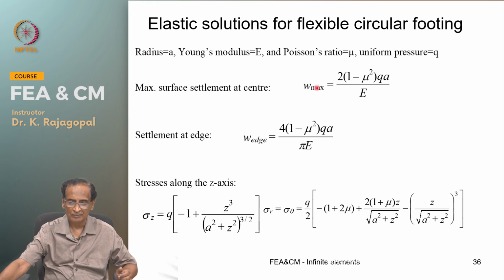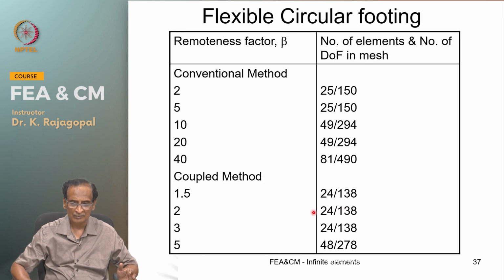This is the maximum settlement at the center of a flexible circular footing, and this is the settlement at the edge of the footing, and these are the stresses along the z axis, sigma z, then sigma r, sigma theta, and so on.